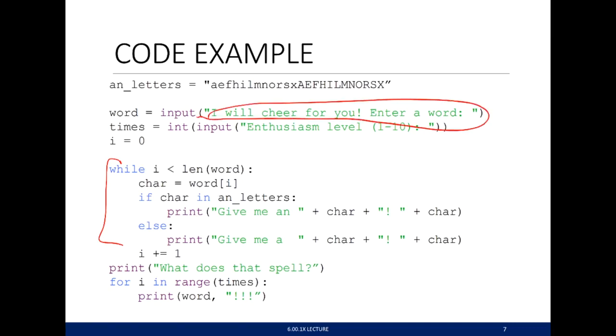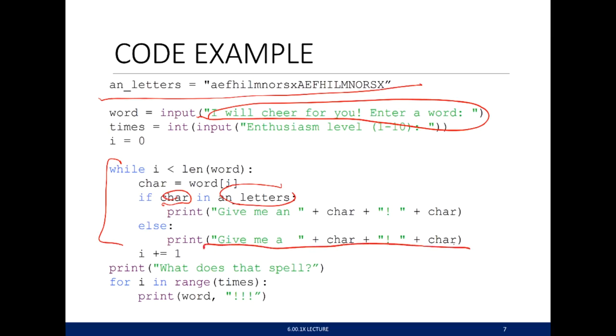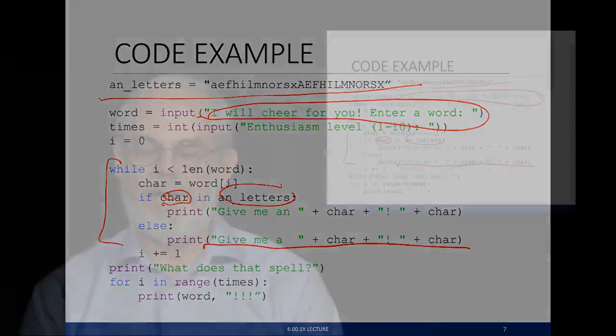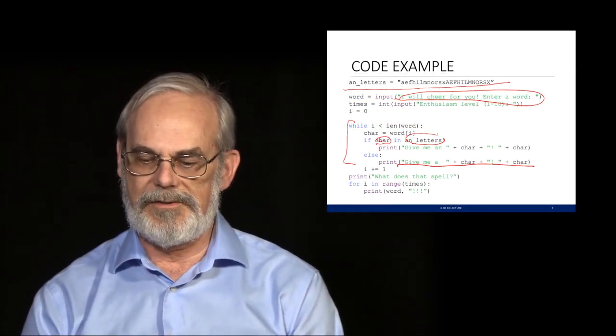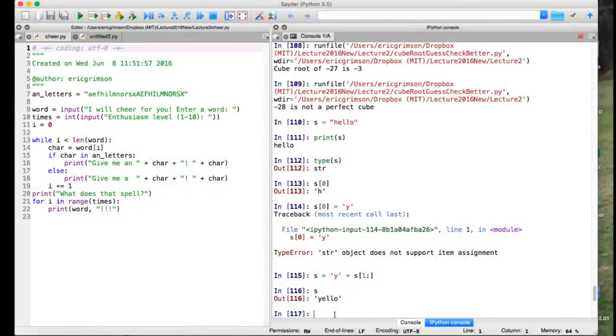And what it's going to do is loop over all of the things inside of the word, basically saying if the character in the word is in a special set of characters, I'm going to print out something based on that. If it's not, I'm going to print out something different. And then I'm going to increment i, and I'm going to keep going. So again, it's a while loop, but I'm using the character inside there to loop over particular elements of a string. Let's see what this does.